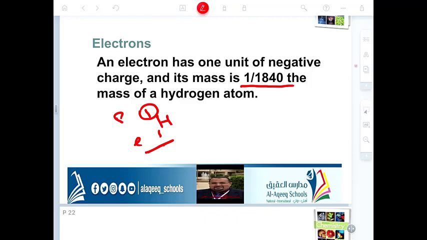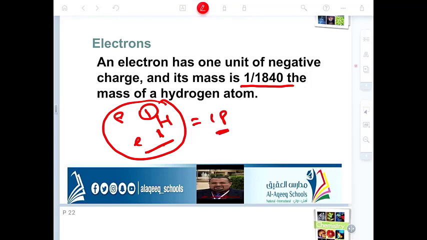This is hydrogen. Electron mass is negligible. But protons, only one here. So we can say that the mass of hydrogen equals the mass of one proton, or the mass of one proton equals the mass of one hydrogen atom.